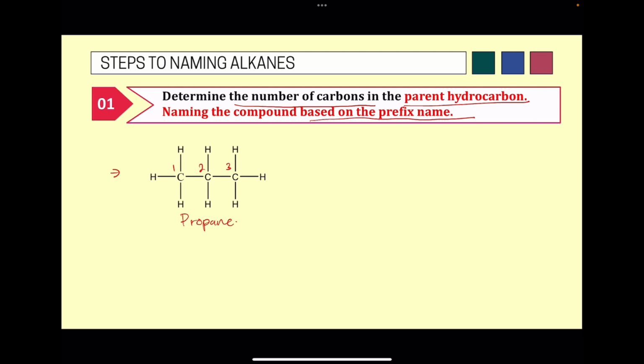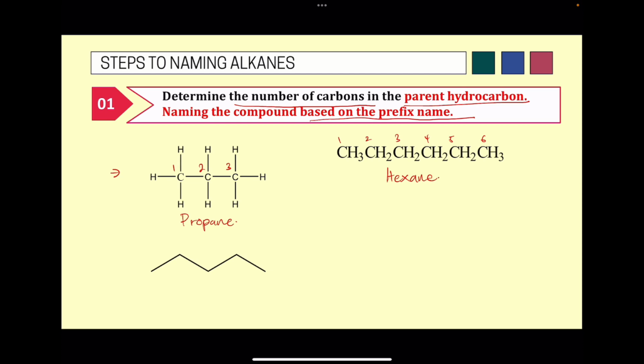How about this one? The next compound. This compound we have 1, 2, 3, 4, 5, 6 carbon. So for the 6 carbon, apa nama dia? 6 carbon is hexane. Okay, and then another compound. So untuk another compound ni saya bagi tunjuk dalam bentuk skeletal structure.